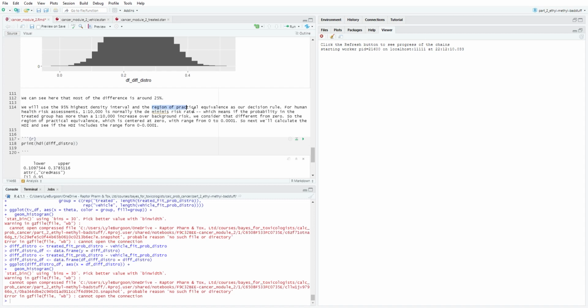The region of practical equivalence is a region around zero difference that we are saying is, in biological cases, biologically the same as no difference at all. So this region of practical equivalence, or we also call it a ROPE, R-O-P-E. This ROPE concept is how we bring biological information into the statistical inference that we're doing.